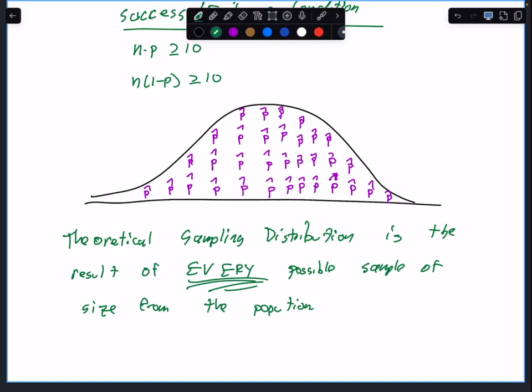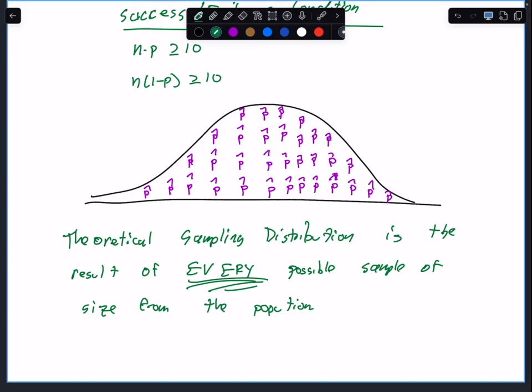Basically, let's say this. We'll keep it somewhat simple. Let's say there's only 10 students, and I'm going to sample 5 students. So the population is 10, and I'm going to sample 5 students. The theoretical sampling distribution is what would be the results, what are the responses from all possible samples of size 5 from the 10.